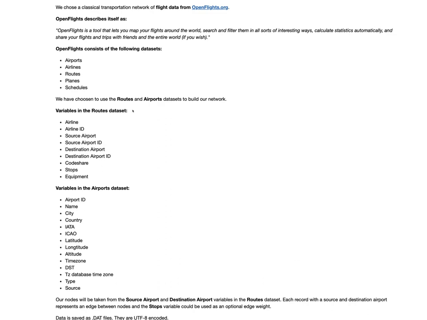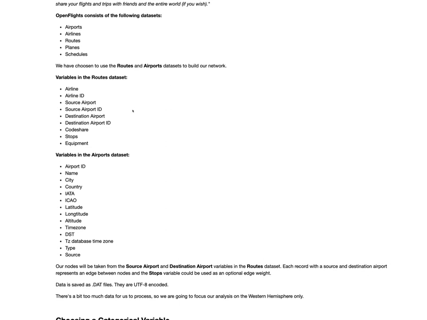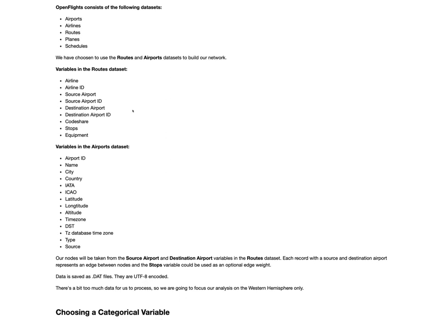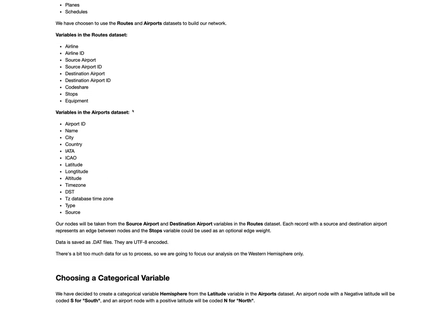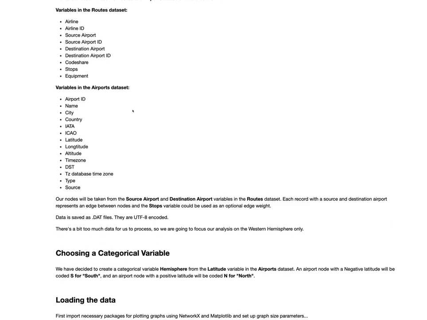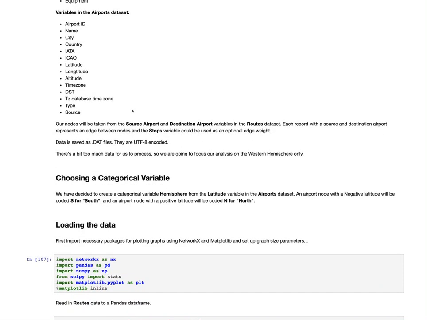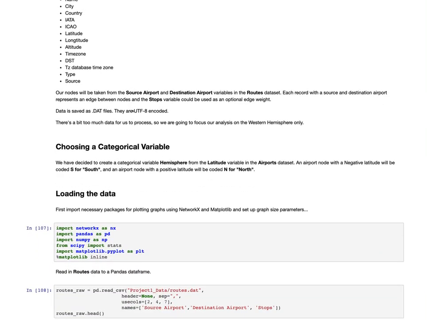So our node would be the airport itself, and our edge would be routes of planes flying from one airport to another, and our categorical variable was a north-south split. Everything north of the equator we call north, and everything south of the equator we call south.